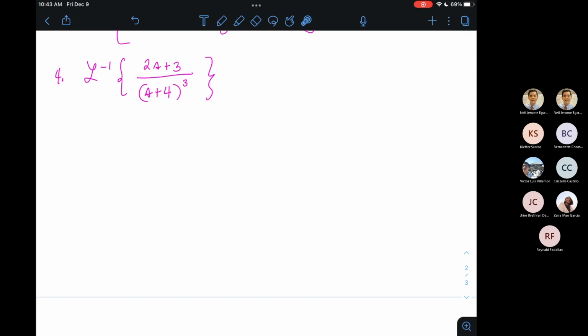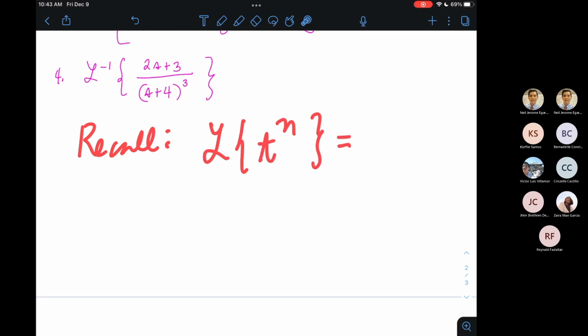Do we have an inverse Laplace transform that involves s cubed or a power of s? Yes, inverse Laplace transform ng t to the n, right? So siguro rito I want to recall that the Laplace transform of t to the n ay equal kay n factorial over s to the n plus 1.